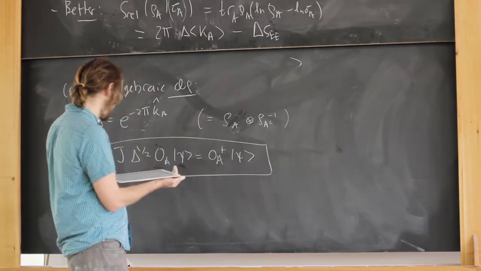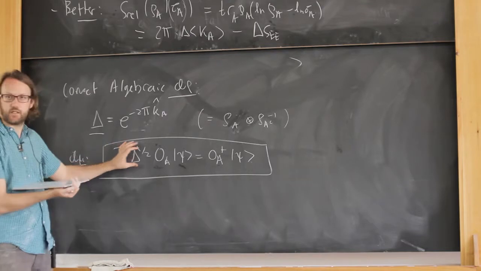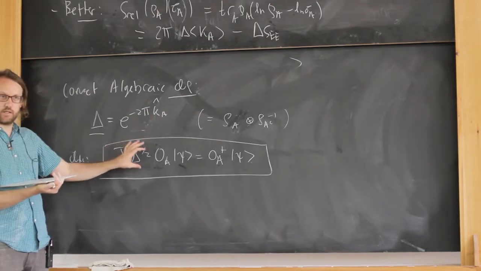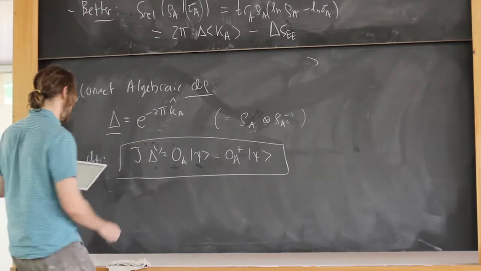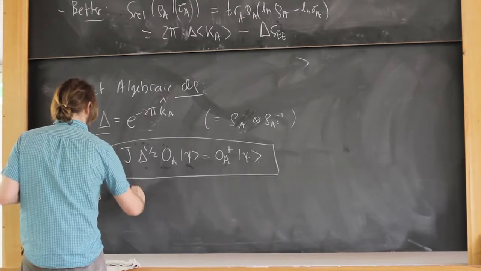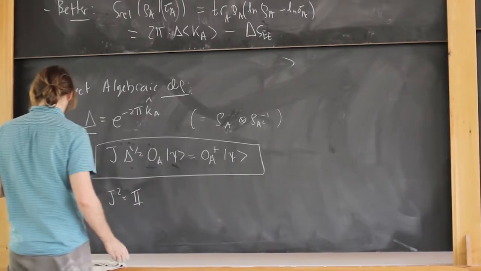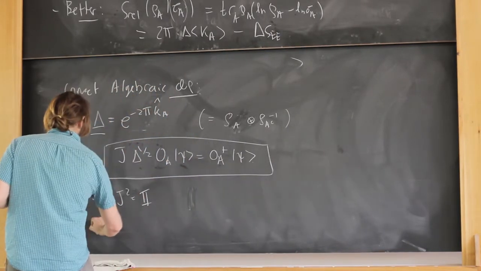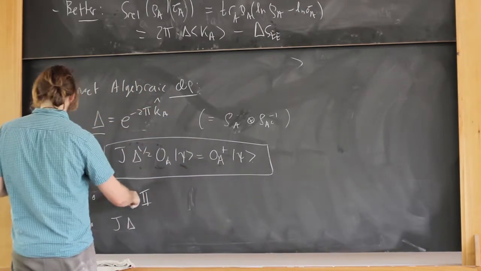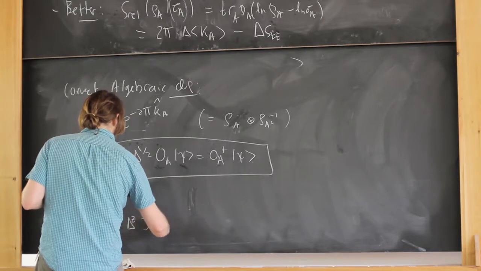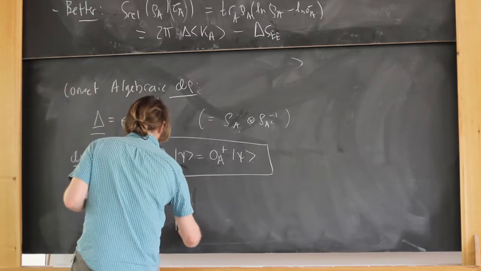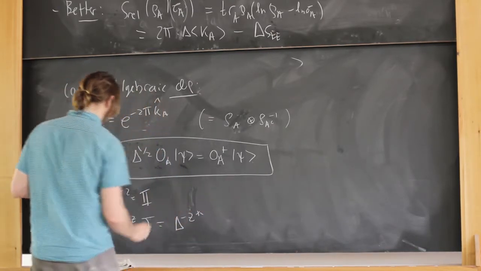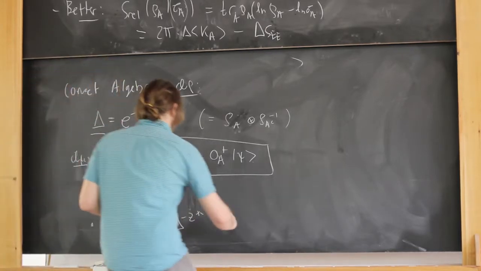Okay, so this is just some fancy equation, but actually it turns out to define these two operators, J and delta. And so J has various properties. It's anti-unitary. And it has the following action on delta, where Z is some complex number.